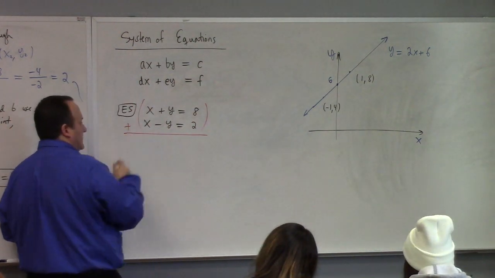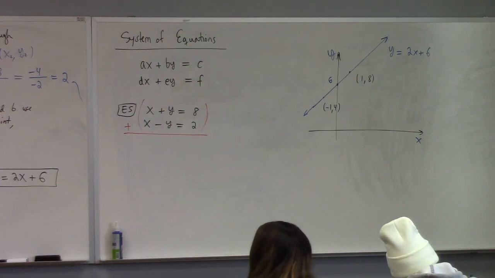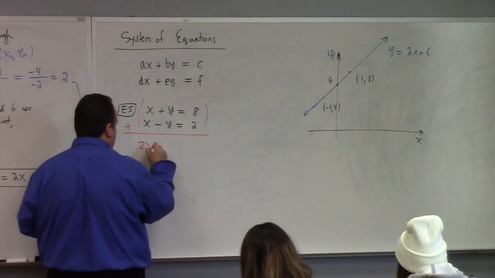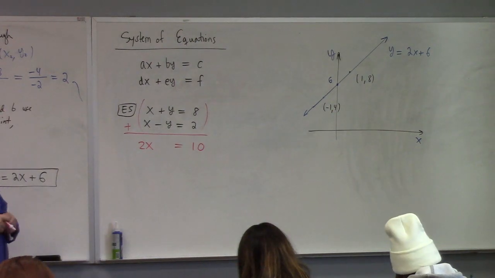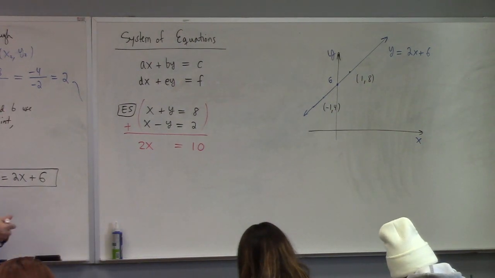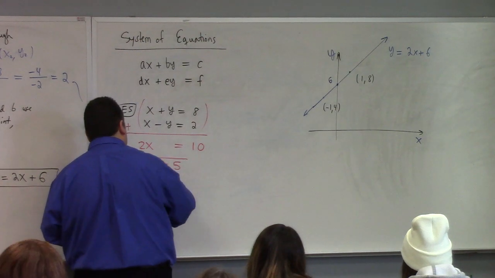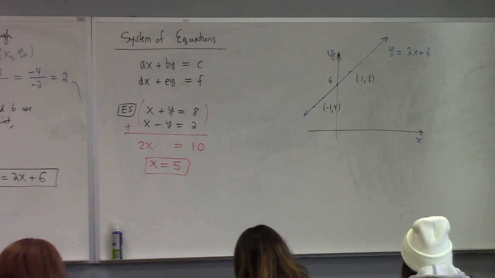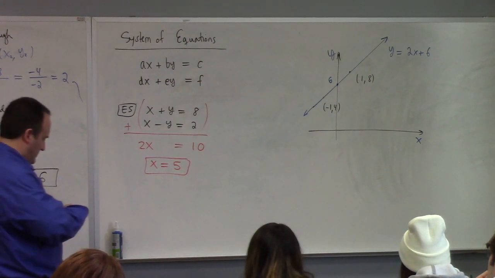What happens? What's y minus y? 0. So what do we get? We get 2x equals 10. We have isolated x, almost. Divide by 2, right? X equals what? X equals 5. Right? And what's y? 3.